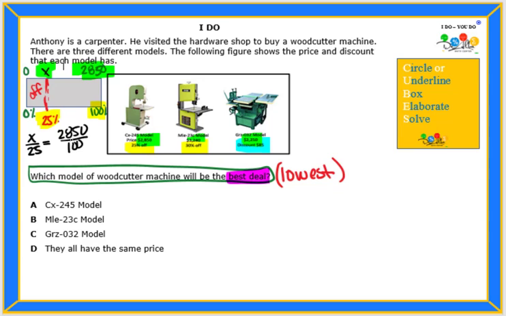So here, once again, I'm actually going to use my relationship. I can see that 100, if I go this way, can be divided by 4 to get 25. So what's 2,850 divided by 4? That will give us x.